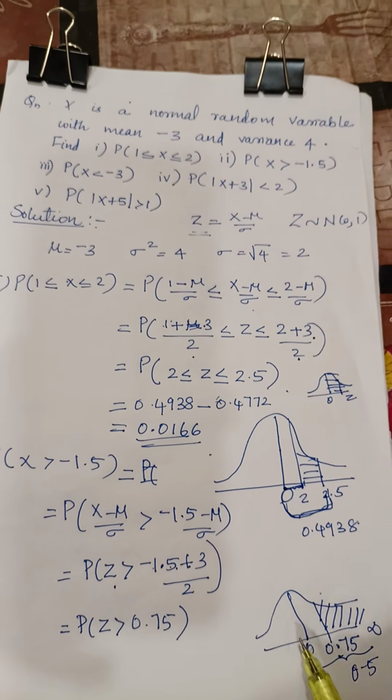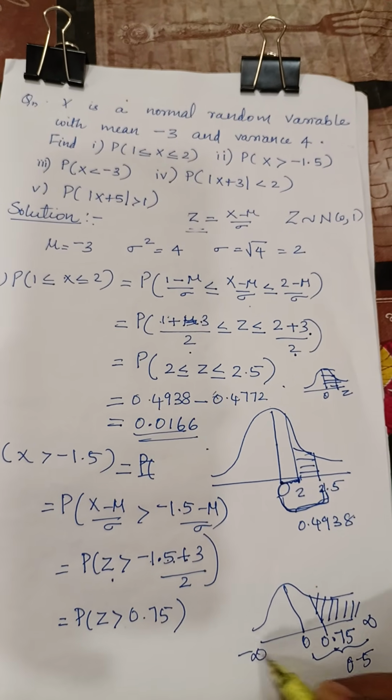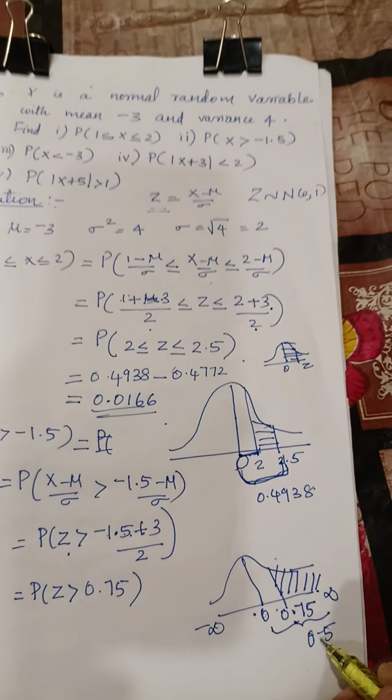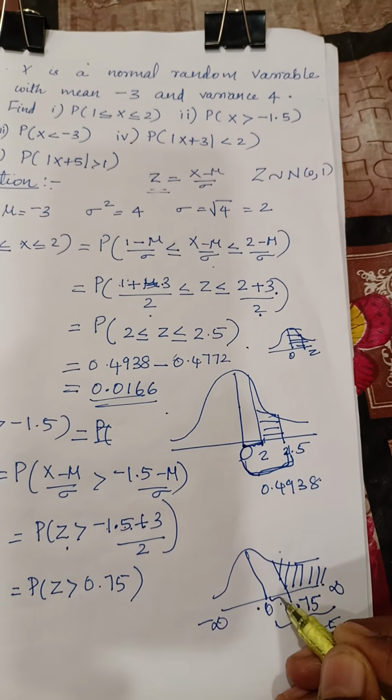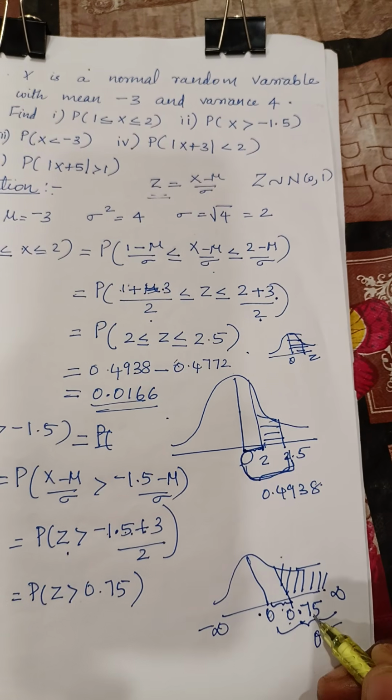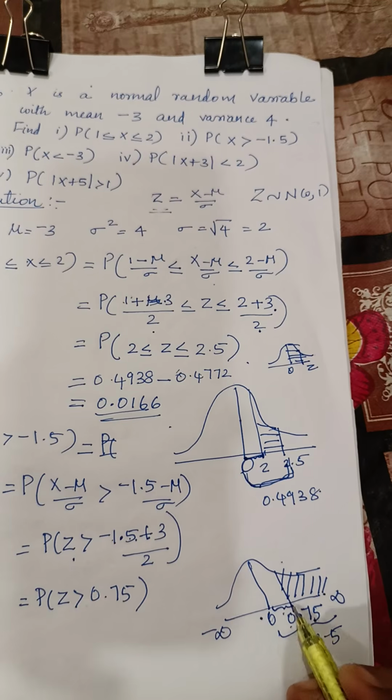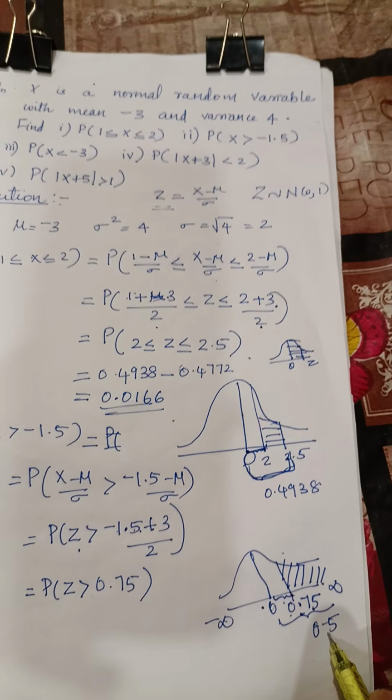So here mean is 0. So probability from minus infinity to 0 is 0.5 and 0 to infinity is 0.5. So this is 0.5, and we can find the probability from 0 to 0.75 from the table. So if we subtract that probability from 0.5, we will get the answer.